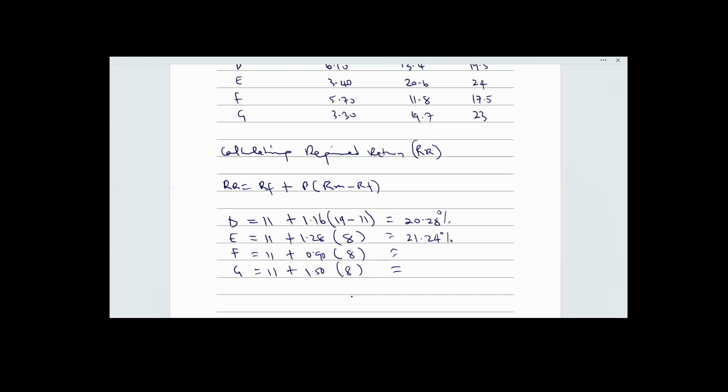The third one, 8 multiplied by 0.9 plus 11, 18.2%. Then the required return of G, 8 multiplied by 1.5 plus 11, 23%.